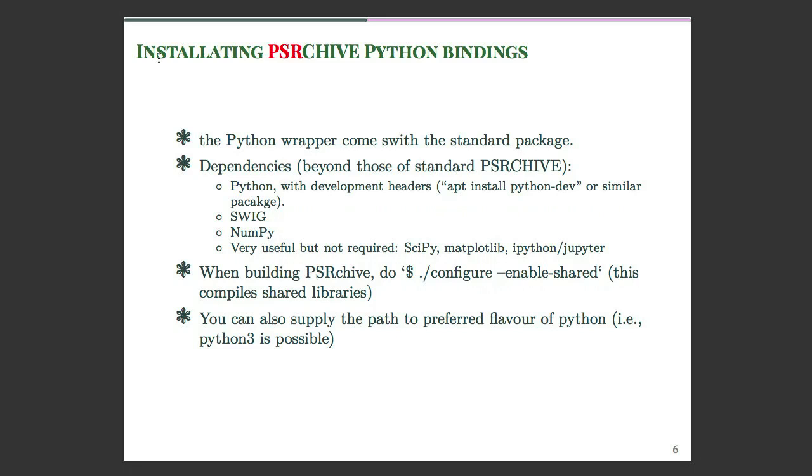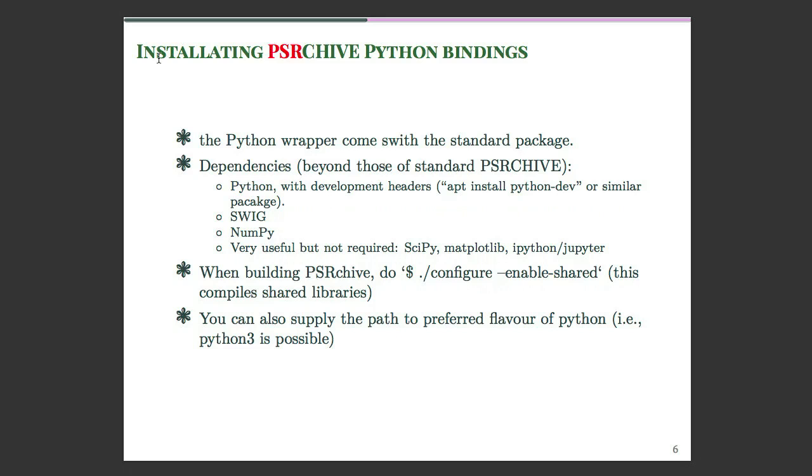Okay, so there's nothing special that you need to do to get Python bindings to work, typically. Shared libraries, yes. The only thing you have to do is follow the set of standard commands for compiling Psrchive.